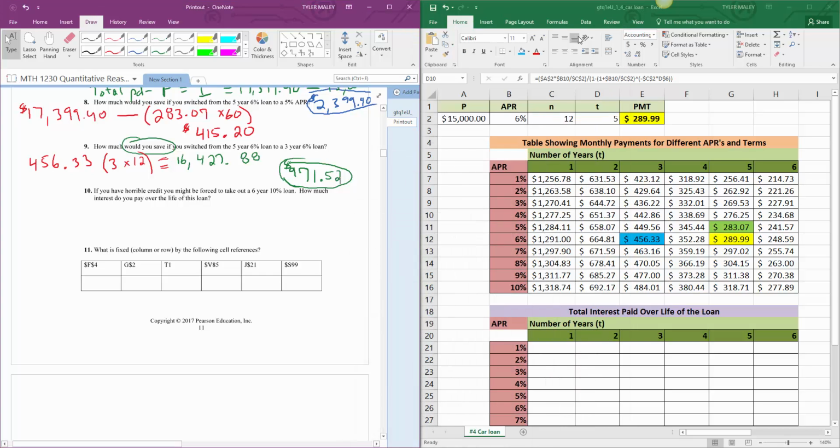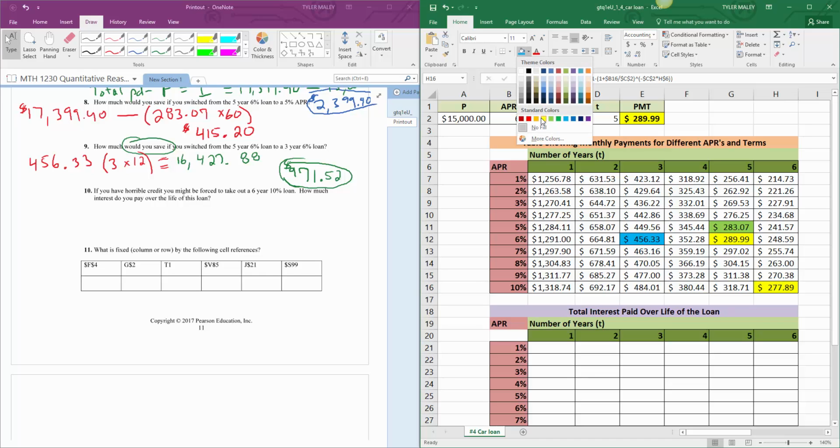So if we look at the 10% 6-year loan, we're talking about this value here, the monthly payment for the 10% option. I'll put this in maybe a light purple.